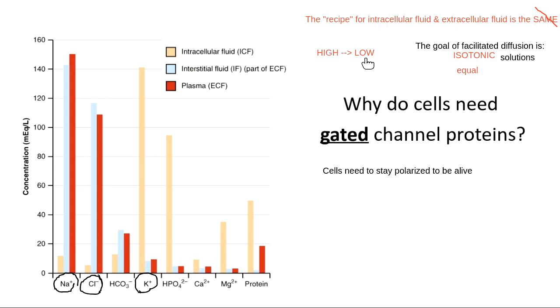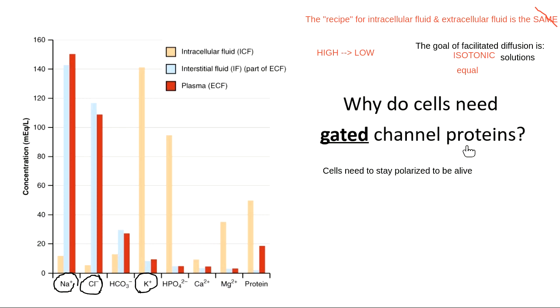I do enough of that, and I end up isotonic. I end up the same. So I need gated channel proteins, that is, proteins that are not always open, to make sure that a cell stays polarized.